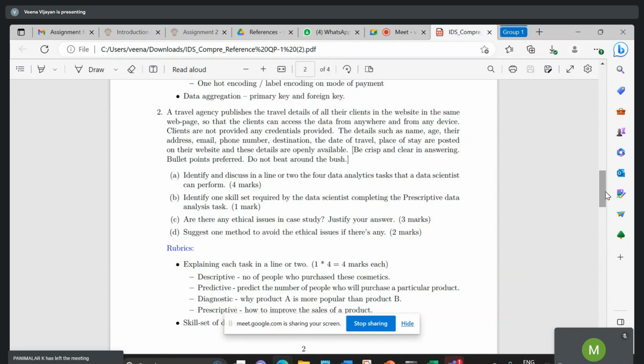Write a little more, but not paragraphs or pages. Try to be crisp and clear. One line, or two lines at most, is okay. Don't write a story and don't write a one-liner. Two or three lines will be sufficient. Make your point clear.